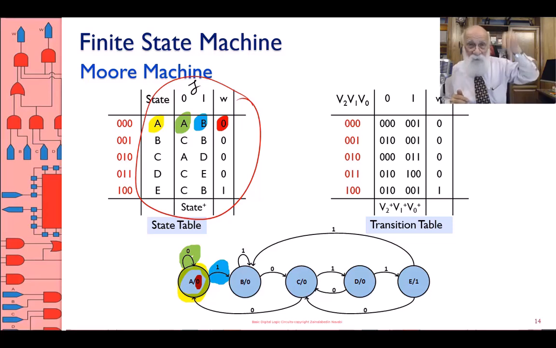That would be good because I'm getting one step closer to Karnaugh maps, truth tables. How many bits do I need? Since I have 1, 2, 3, 4, 5 states, in order to have a unique bit pattern, I need 3 state variables.